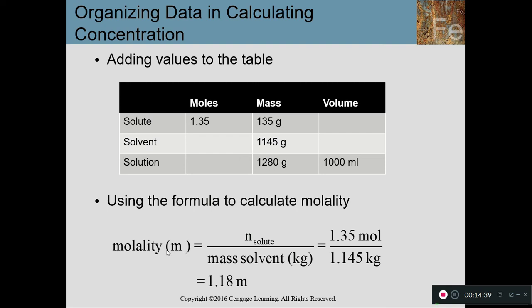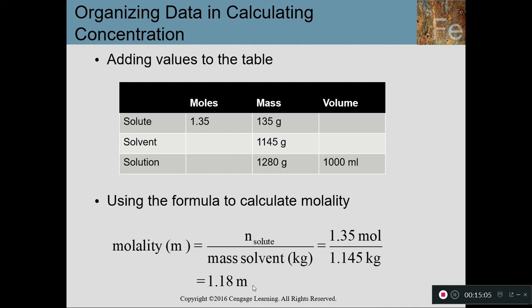So in order to get molality, I'm going to take my moles, which was given to me as part of my original information, and then I just had to go through all that little bit of work to figure out the number of grams of solvent, since the denominator is the mass of the solvent, not the solution. So I got 1.145 kilograms. So my solution that was 1.35 molar is 1.18 molal.